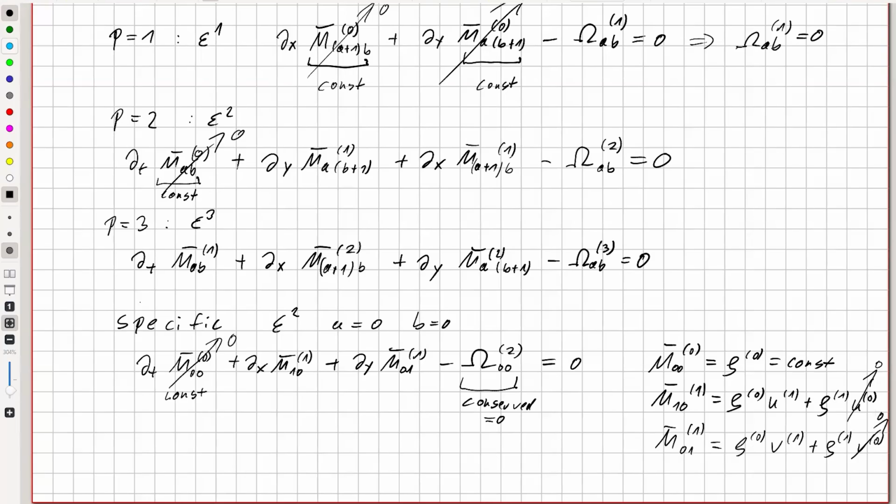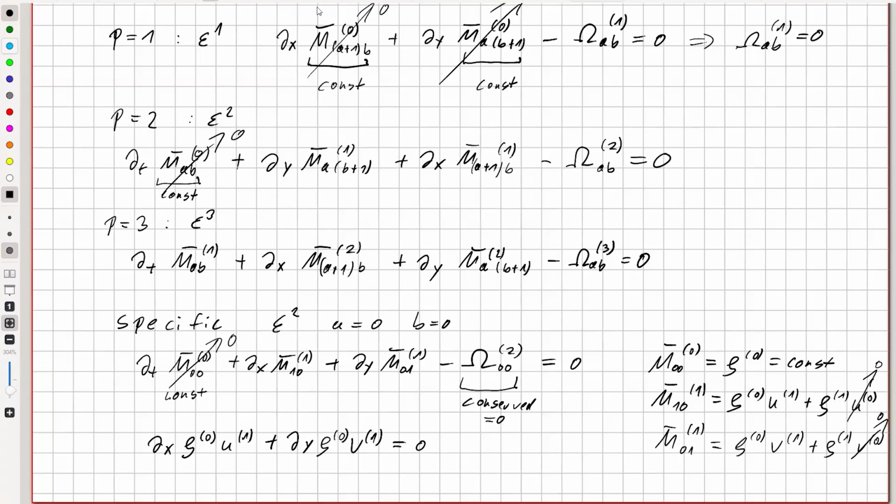So the entire equation then becomes ∂x of rho to zero order times u to first order, plus ∂y of rho to zero order times v to first order, and this is equal to 0.